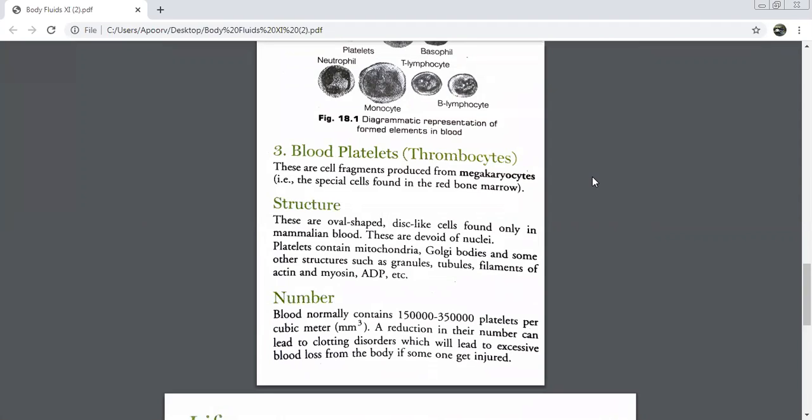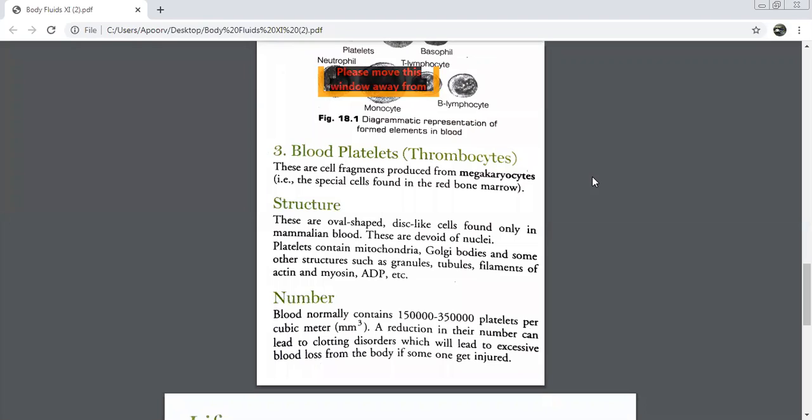Start. First, Srishti. Ma'am, RBCs are smaller in size, whereas WBCs are larger in size. RBCs contain hemoglobin, whereas WBCs do not contain hemoglobin. RBCs do not have a nucleus, whereas WBCs have a nucleus.